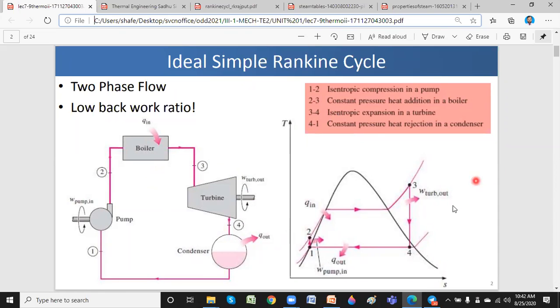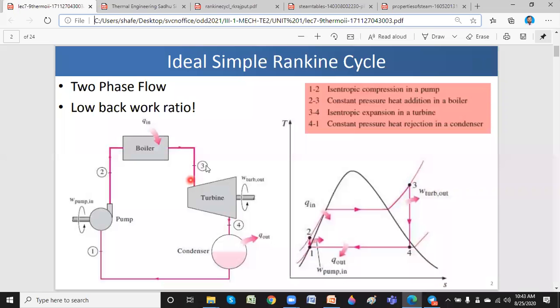Let me start with 3 to 4. At 3, if you assume after the boiler, let me first explain the working, then I'll go to the cycle. In the boiler there is some water which is given by the pump. Now you give some heat input, and that water is converted into steam.